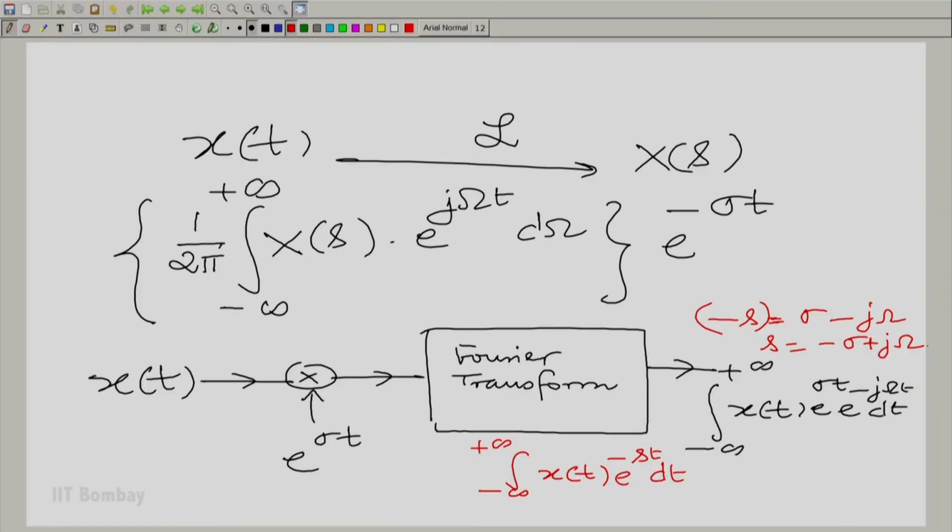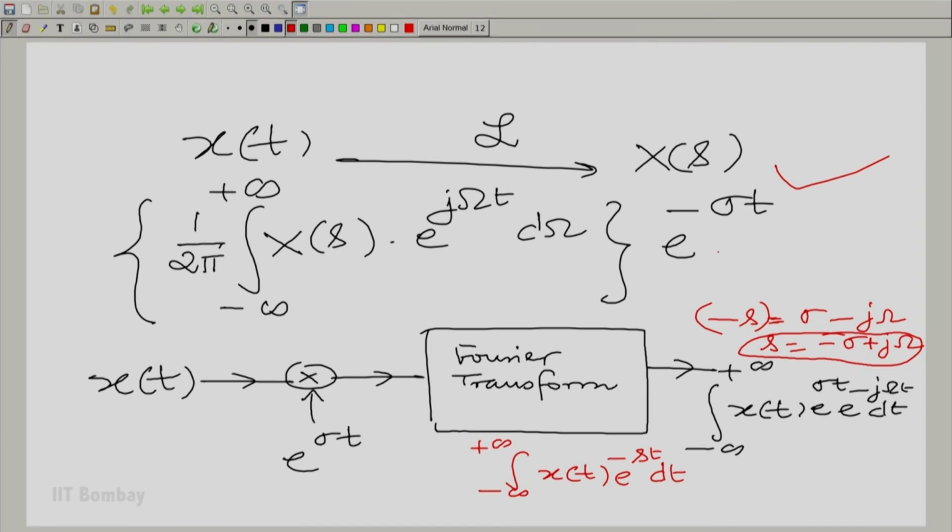When I mentioned it in the beginning, I was a little careless about the choice of S. In principle it was okay, but then this little change needs to be made. So, if we make that change, now what is the interpretation of this expression here? What are we doing here? Let us write it down. The S, remember, is this minus sigma plus j omega, not sigma plus j omega.